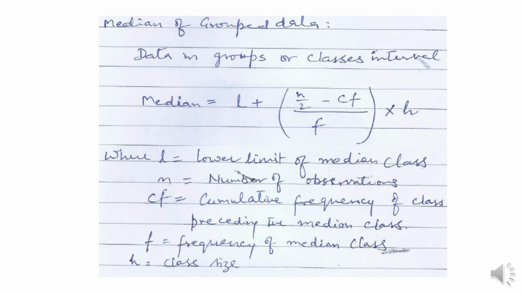Once we decide that class, we take the lower limit of that as L, and n is the number of observations, and Cf is the cumulative frequency of the class preceding the median class, and the frequency of the median class is f. So the previous one, and h is the class size.